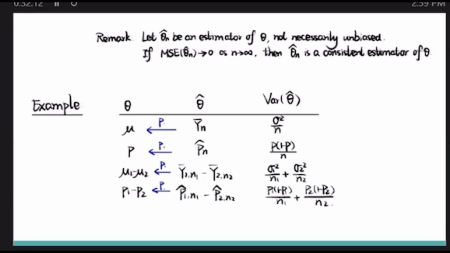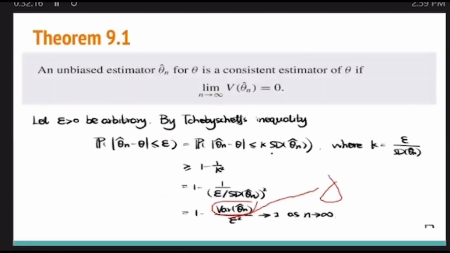Now if I come back here, instead of k standard deviation, it's going to be k square roots of the mean square error. Anytime you see standard deviation, that's the square root of variance, which means we're focusing on an unbiased estimator.